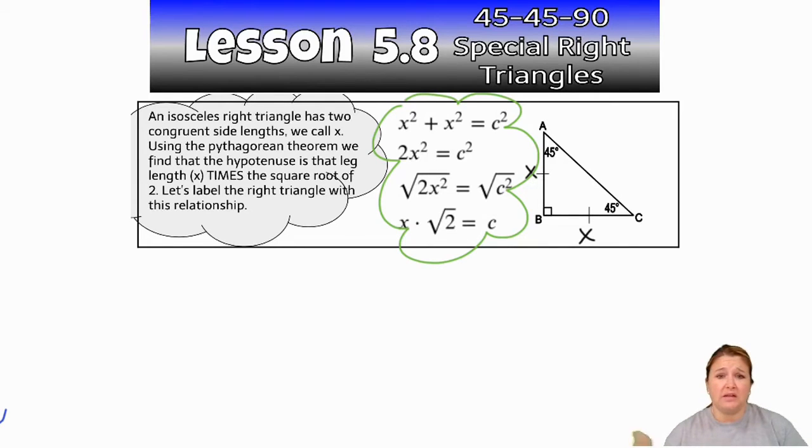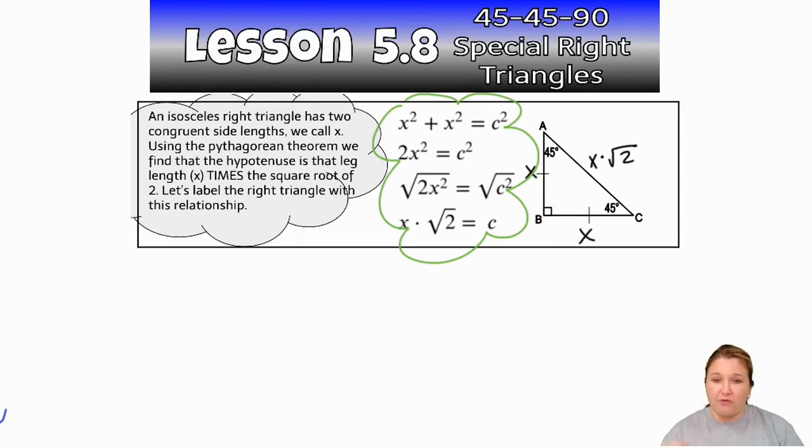If the leg length is 15, then it's 15 in for x. So the hypotenuse is going to be x times the square root of 2. That's just based on the Pythagorean theorem, as you can see there. That's just in words over there in that little bubble.